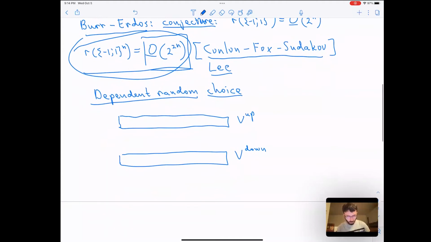So suppose that we have a graph H, a graph whose Ramsey number we want to estimate.